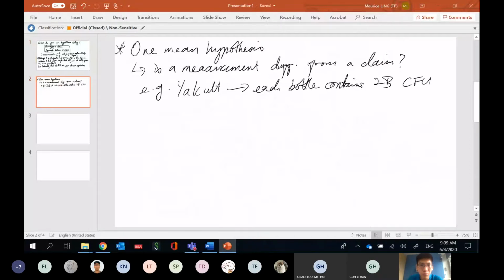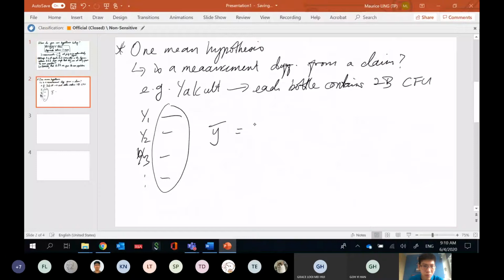How do you verify that each bottle contains 2 billion? So you can take bottle 1, bottle 2, bottle 3, and so on. So you have a certain measurement. From this, you get the average count.